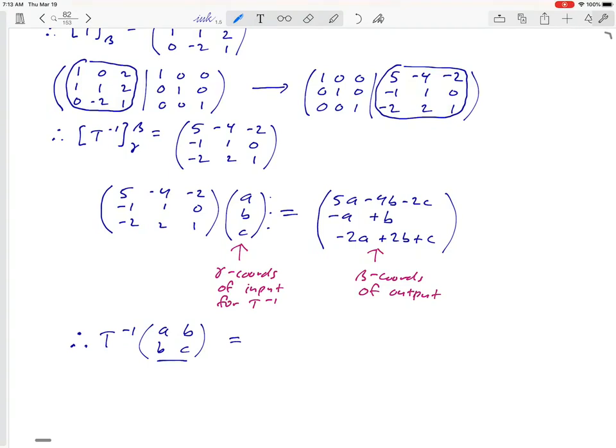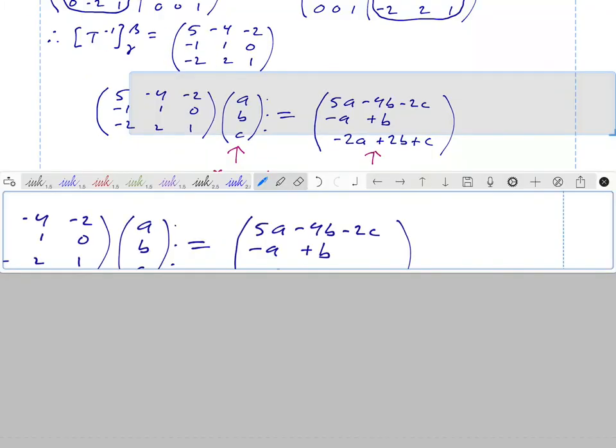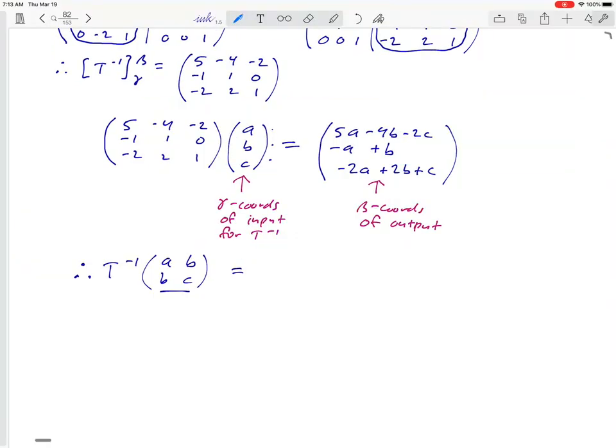Then what comes out on the other side of the transformation we get by looking at our other coordinates, the beta coordinates over on the right-hand side. So this one, this one, and that one. We need to take those and think of those as being coordinates in front of our basis for beta. That's going to give us something that looks like this.